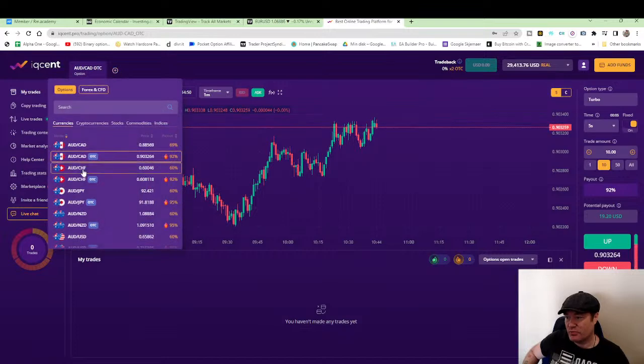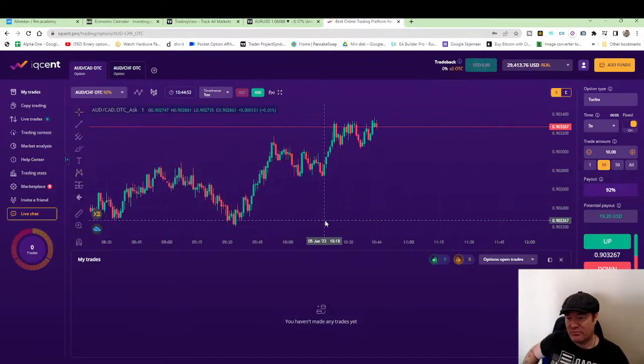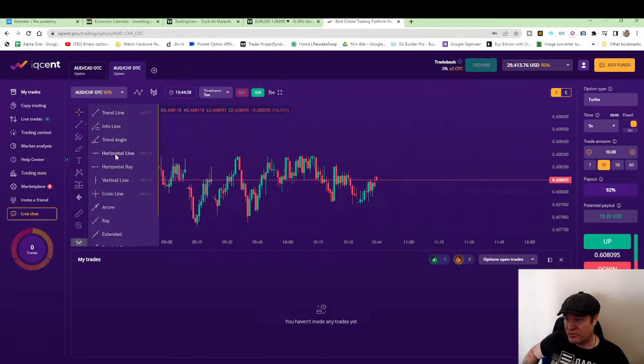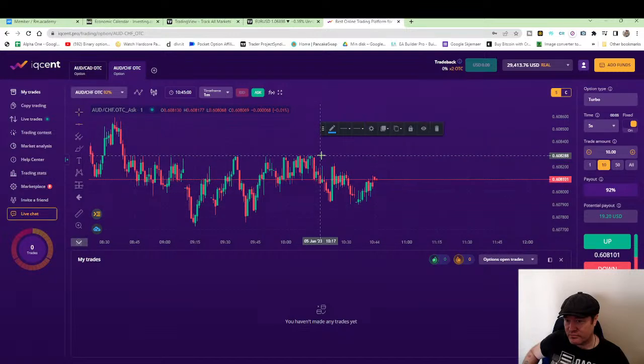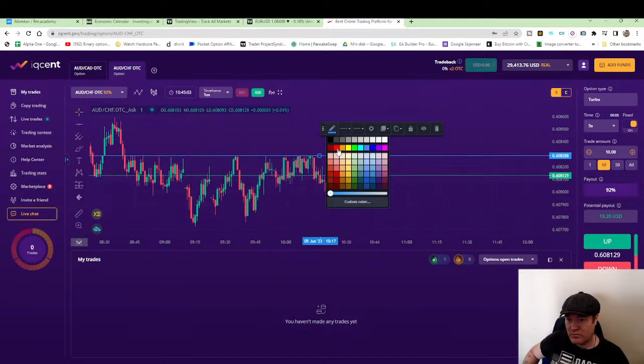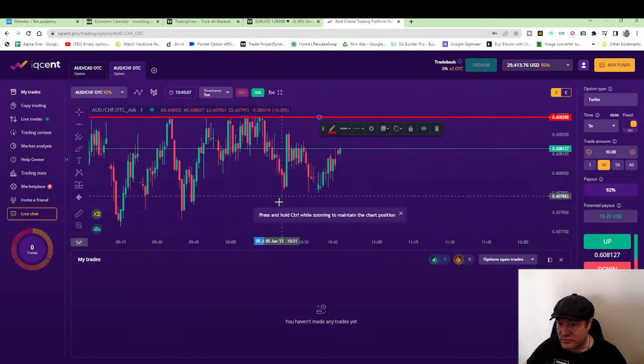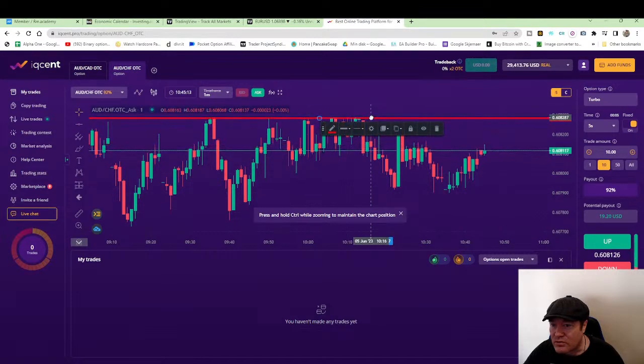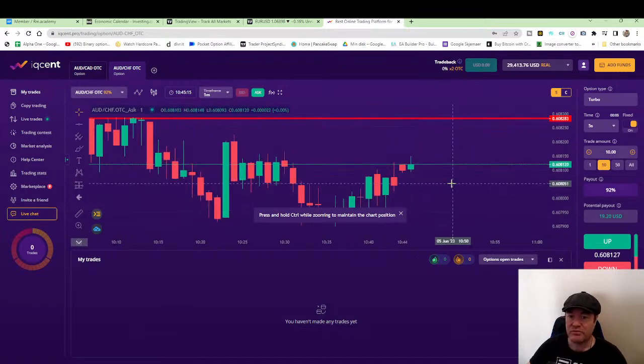Let's see if we can find something a little better than this. We can say we have one up here, so let's take a line, mark it, make it red, the thickest line. Let's zoom in just to make sure. I think we can take that line.